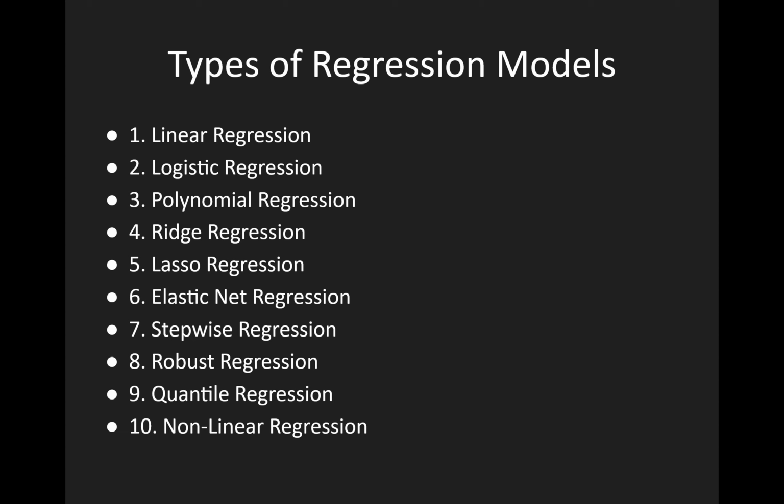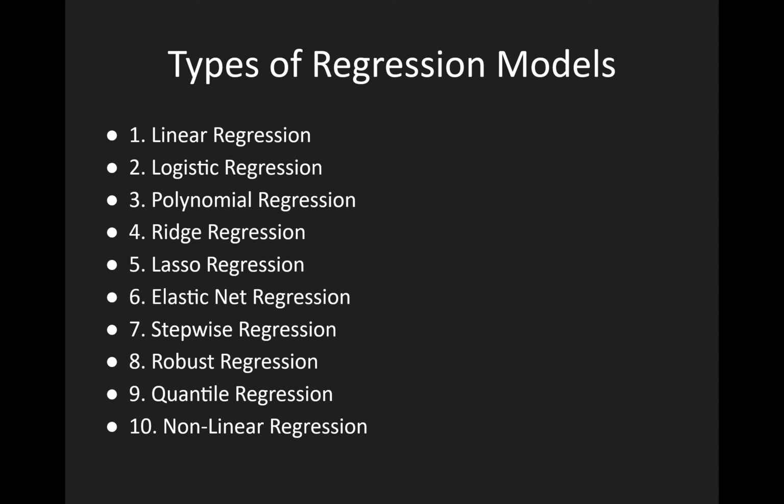And if we talk about elastic net regression, it combines ridge and lasso for better flexibility. A use case can be a large data set with correlated features, and applications can be gene expression data analysis or finance.